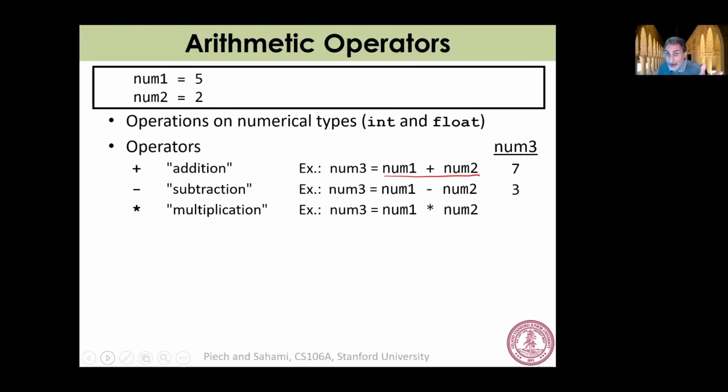But multiplication. If we say num3 equals num1 times num2, you're like, times, there's this little asterisk thing there. Yeah, here's the funkiness. Back in the days of yore, at some point you probably learned that multiplication was a big X. And then maybe if you got into algebra, you thought of multiplication as a little dot, or sometimes you just put one thing next to another thing inside parentheses, and that was multiplication.